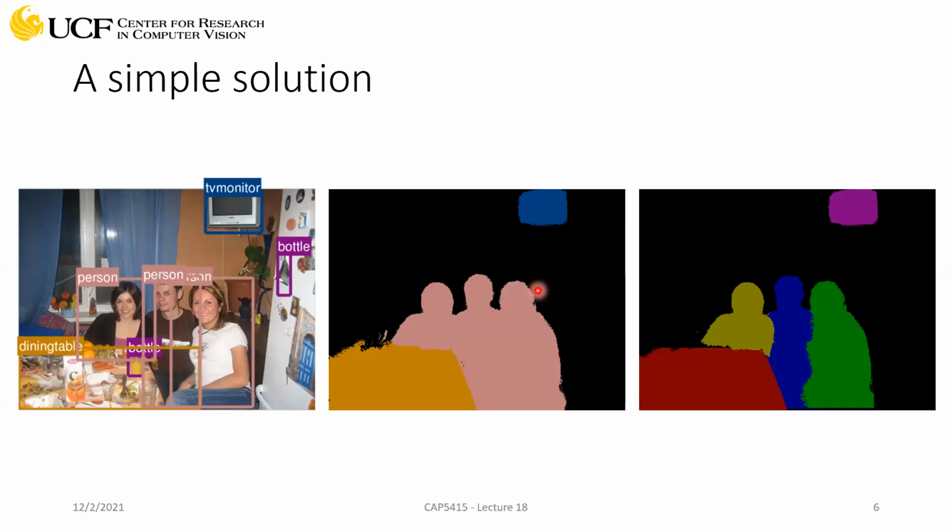Now, if you think about this, you can have a very simple solution. You can perform semantic segmentation, something like this at the center, and then you can perform object detection, something like this. And you should be able to combine these two to derive this kind of result.